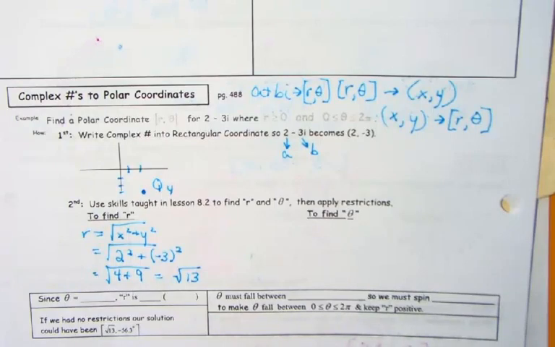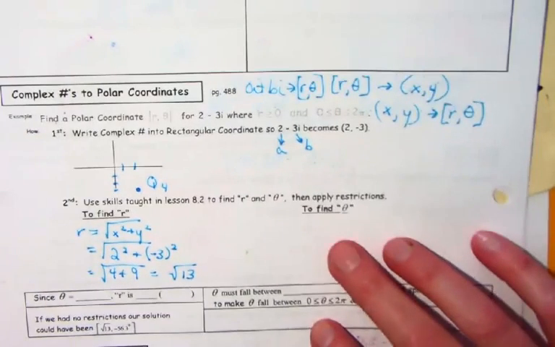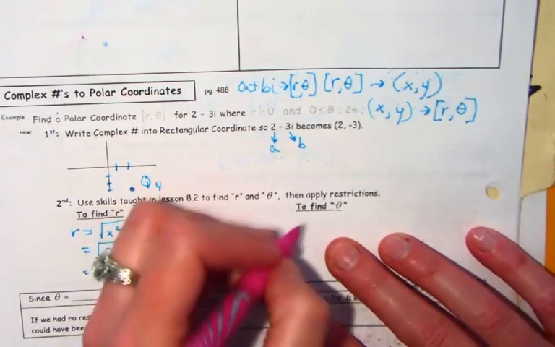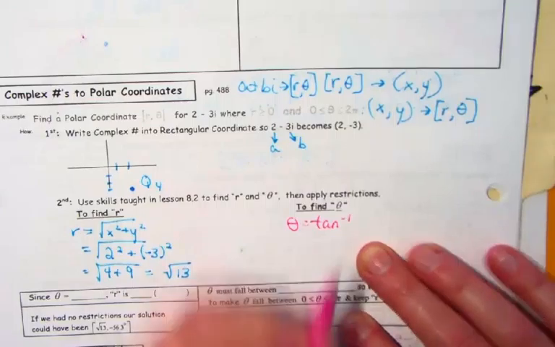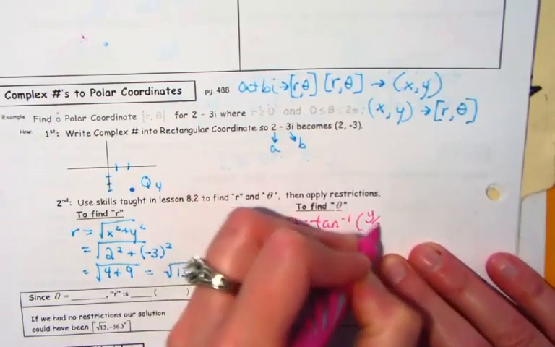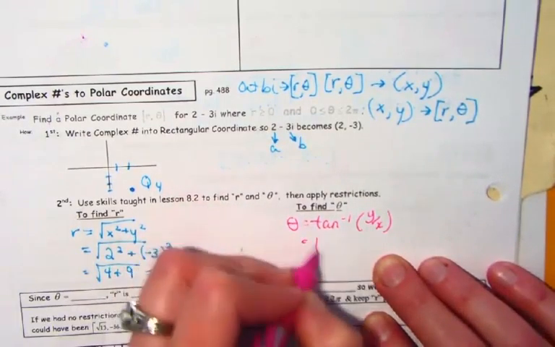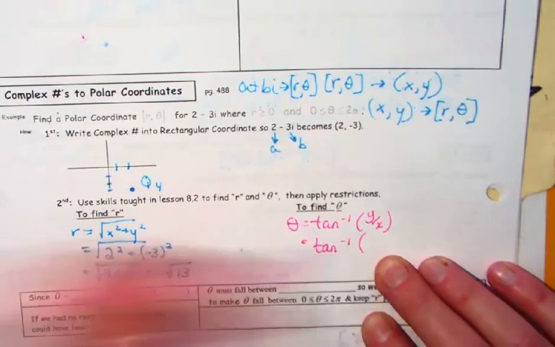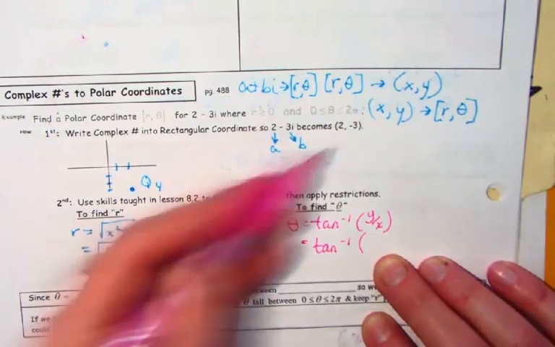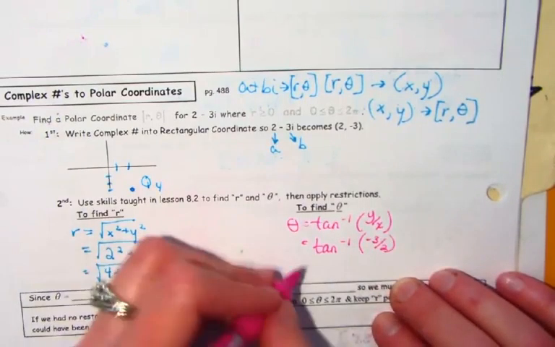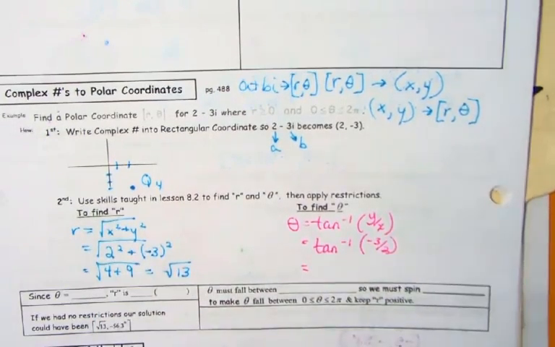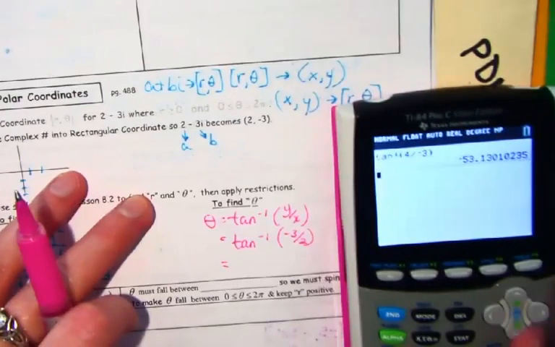And again, using the same formulas from section 8.2 to find our theta, we're going to use the inverse tangent of y over x. Y is negative 3, x is 2.